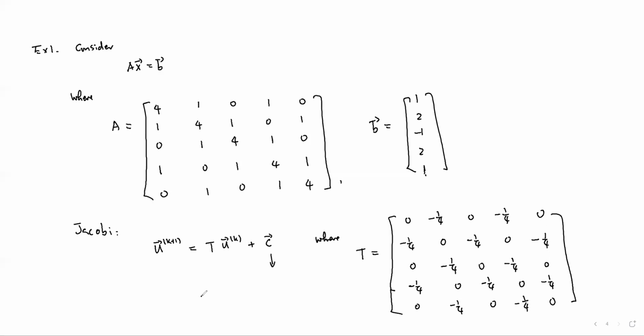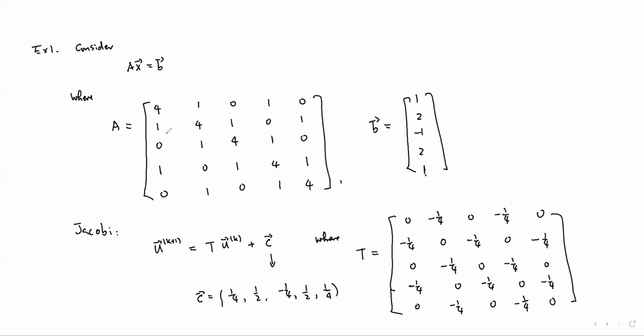And the vector C is this vector, with entries such as 1/2, 1/4.